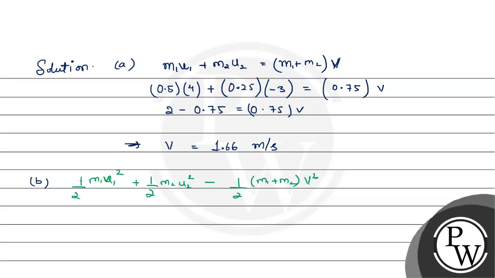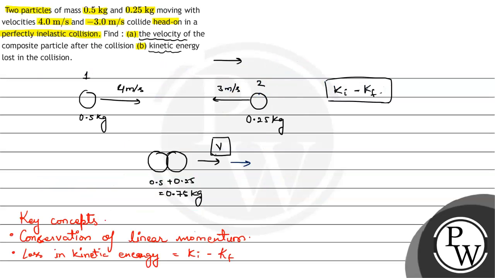This is the initial kinetic energy, and this is the final kinetic energy. And we have seen in our key concept that the loss in kinetic energy will be given by Ki minus Kf. So we have initial kinetic energy minus final kinetic energy as our answer.